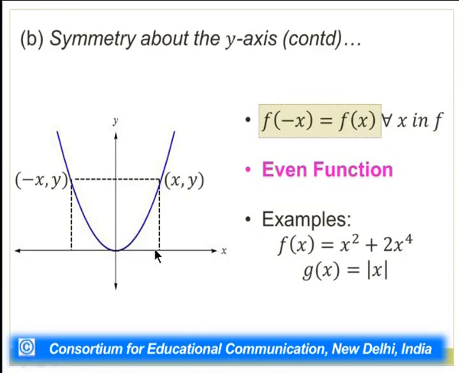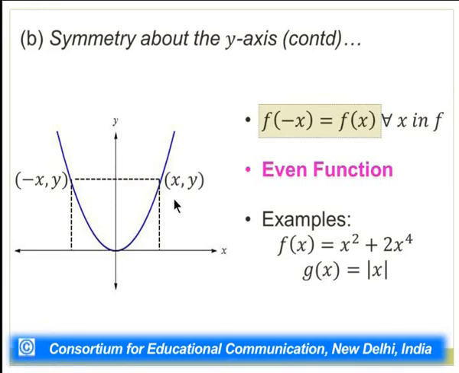However, if we were to talk about functions, the question here is, can we come up with a mathematical criterion for a function that is symmetric about the y-axis? Now let's take a look at this graph again, which is representing a function. We said here that for symmetry about the y-axis, both the points (x, y) and (minus x, y), being the reflection on the other side of the y-axis, will lie on the curve.